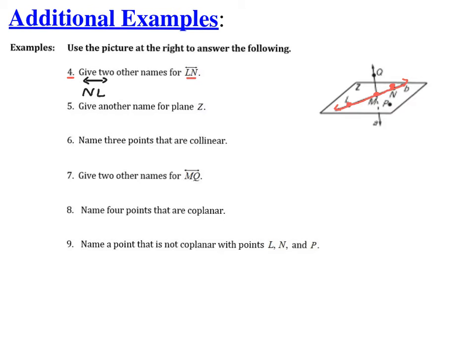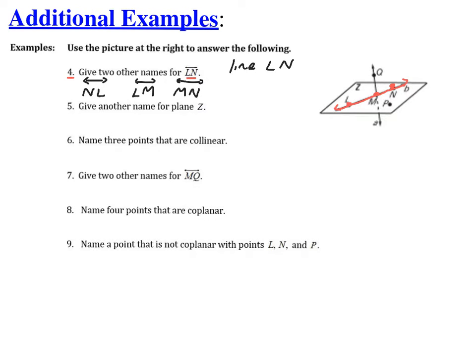Or I could use one of the other points that I haven't used. So you could say LM, for example. Or you could say MN if you want. Or if you want to, you can use the word line in front and any 2 points that lie on it. So I could just say line LN.